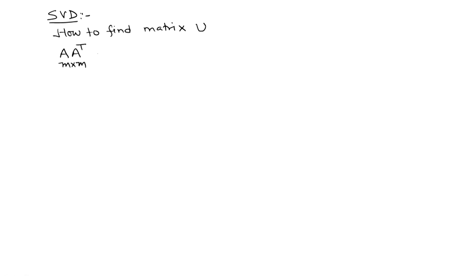So, the columns of matrix U will be the orthonormal eigenvectors of A into A transpose. So, what I want to say?